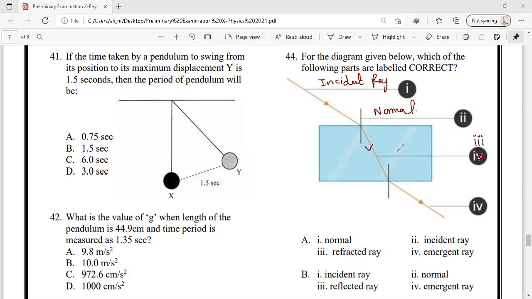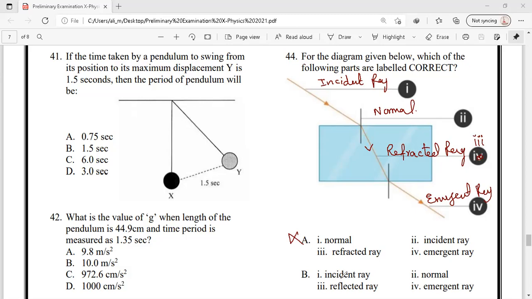This part 3 is our refracted ray, and this part 4 is our emergent ray. So: incident ray, normal, refracted ray, and emergent ray. Option A is incorrect because the first one is given as normal, so this could not be true.